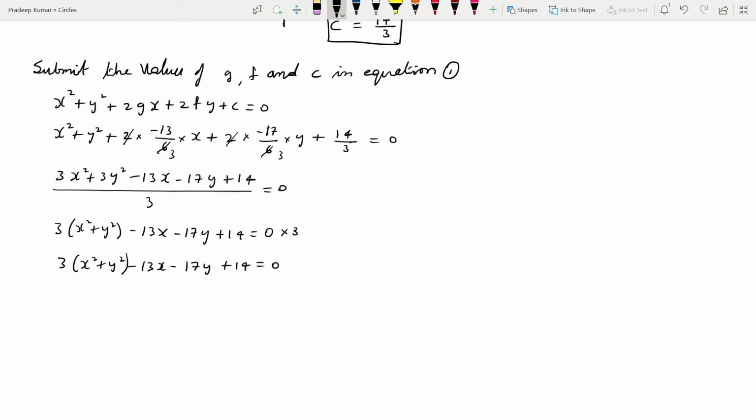For that I'll substitute 0 comma c in this particular equation. So I can write, therefore, the above equation of the circle that is passing through the point 0 comma c.